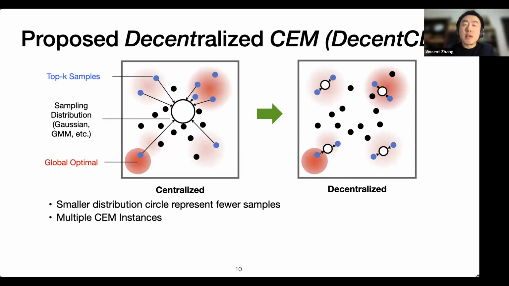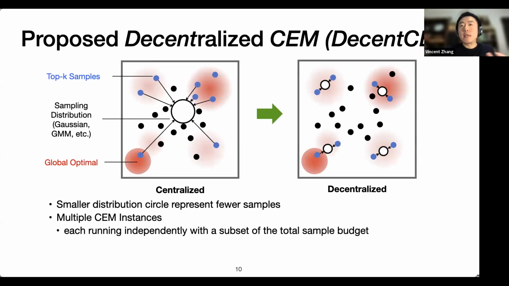And we're running multiple CEM instances, and each runs independently with only a subset of the total sample budget. And it returns the argmax among all the instances. And one key difference is that in the centralized CEM, we do a global top K, so we look at all the samples and select the top K. But in the decentralized version, we do a local top K.